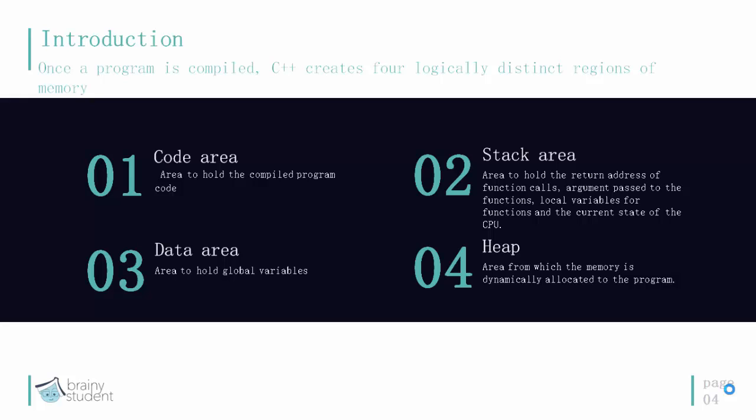Then we have the data area. The data area, or data segment, is mainly used to hold global variables. I told you about local variables. Global variables are those variables which are defined before the main function or before any function, so that we can use that particular variable throughout the program.